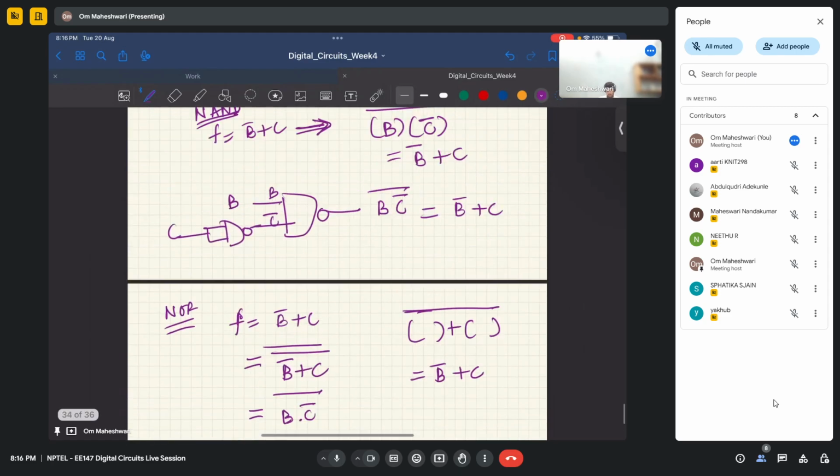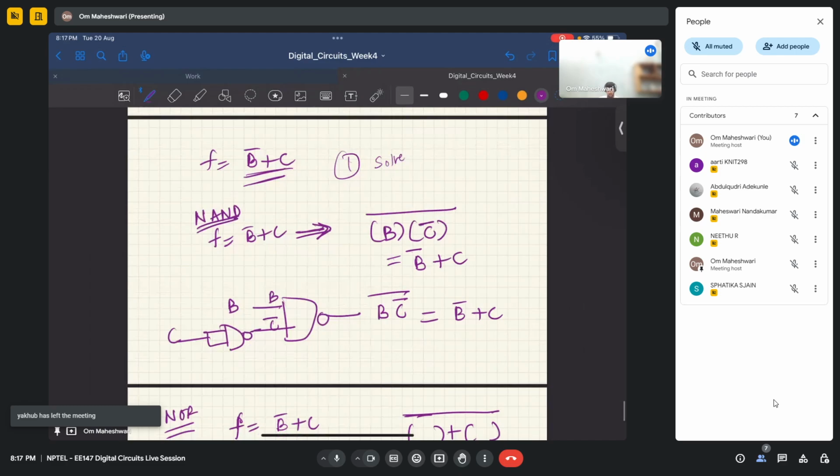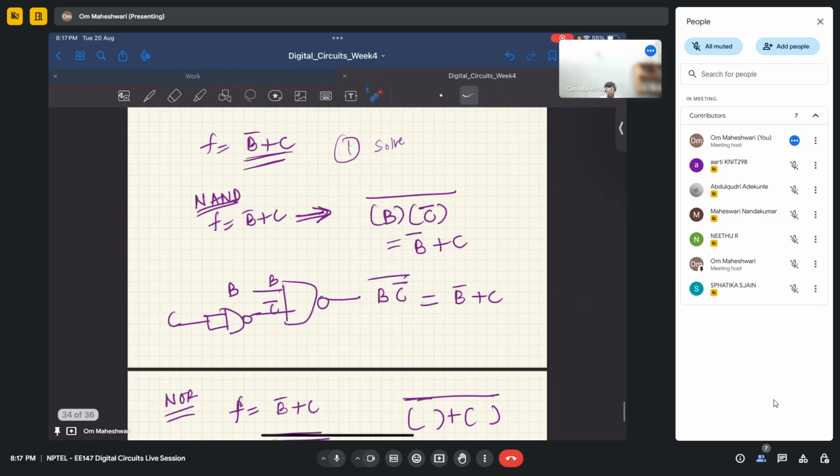So how you should approach this: if you have to do NAND implementation, you see NAND is like a multiplication kind of operation. So you backtrack, you start from the back.